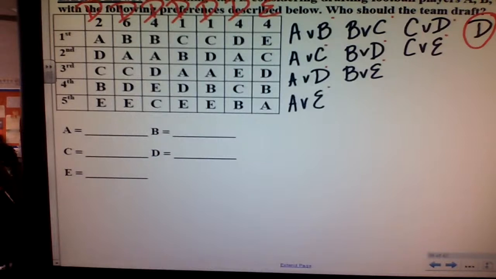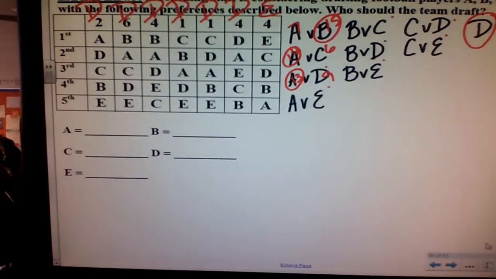All right. Who's winning my A versus B matchup? B, 15-7. Who wins A versus C? A. That should have been 16-6. A versus D. A, 13-9.